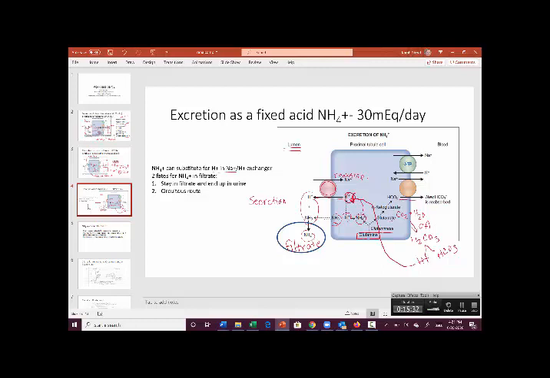And the bicarbonate is reabsorbed into the bloodstream. Now this is a net gain. So when we use this pathway, the bicarbonate that is reabsorbed is not recovered like we saw in the previous example. It is a net gain of bicarb.